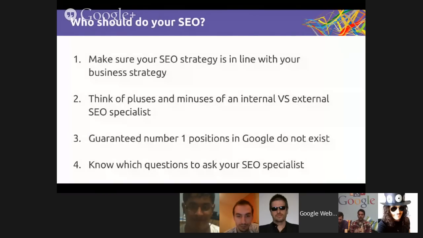So how can you choose and how can you make sure that you're engaging with a good SEO strategy and with good SEO professionals? You need to make sure that your SEO strategy is in line with your business strategy, and this goes back to all the values that we talked about: being mobile user centric, being where the user is, focusing on how you can engage with them and how you can provide them great content.